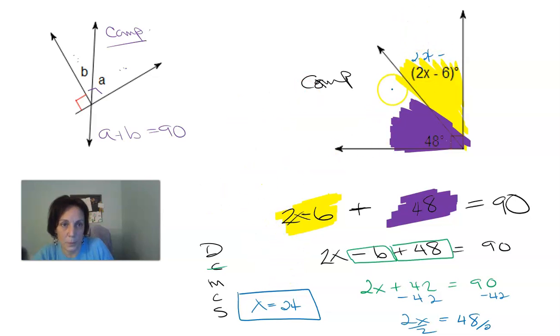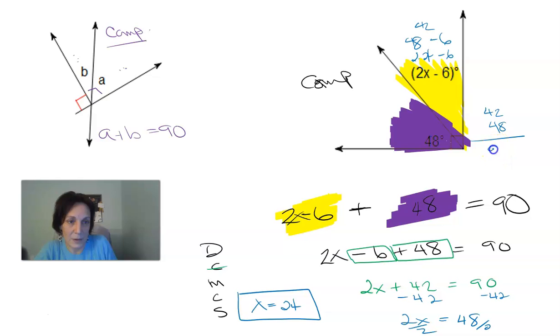So 48 minus 6 is 42. If I take 42, which is this angle, and 48, which is this angle, and add them up, I sure get 90. And that's what we knew in the first place, that these two have to add up to 90. I said that in the diagram.